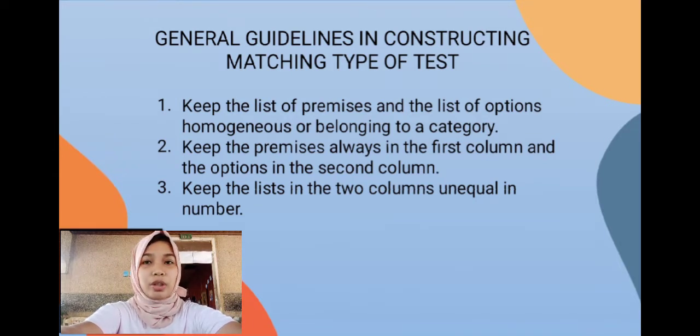Ordering the two columns this way saves reading time for the students, since they will usually read one long premise once and select the appropriate match from a list of short words.